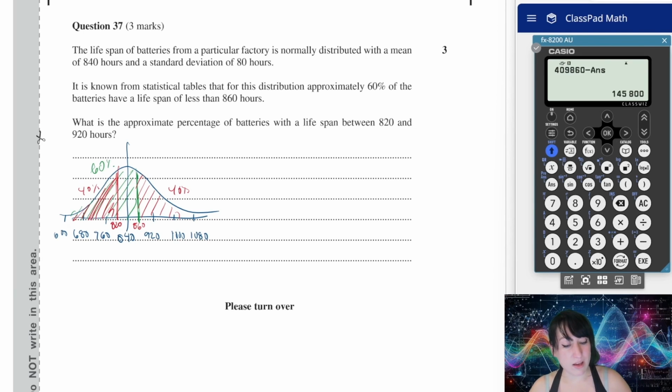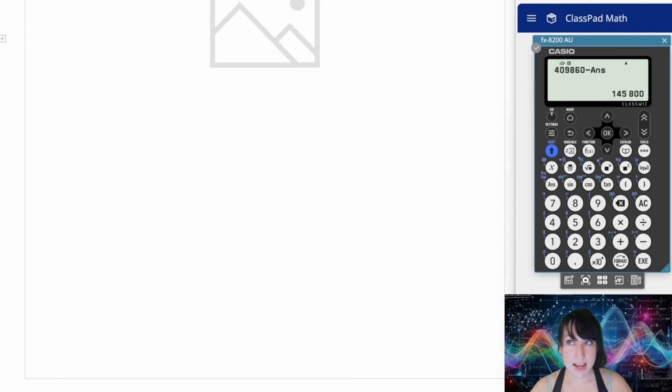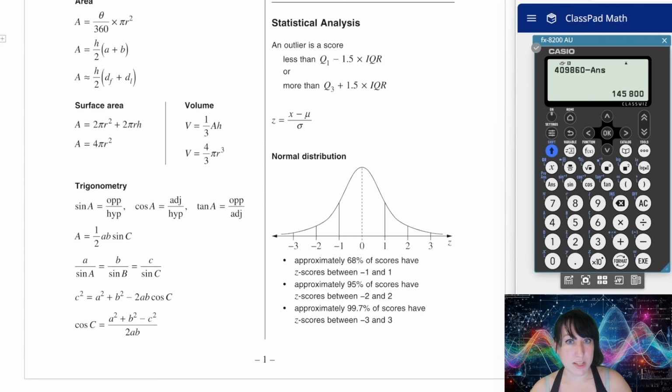Now we just need to work out how much it is from that point up to 920. So let's focus on that. So we're going to try and get this information in between. So 920, right, is on the reference sheet because that is one standard deviation above the mean, the z-score of 1.